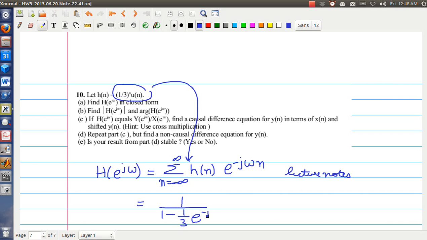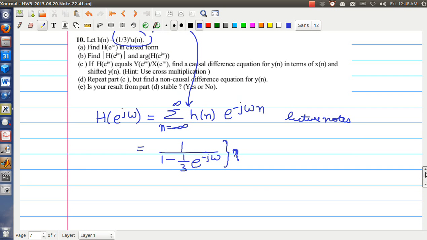e to the negative j omega. I'm not sure about this, but that's what I remember. So that's A. Finding the magnitude and phase. Again, you're free to decompose this into a cosine and a sine.